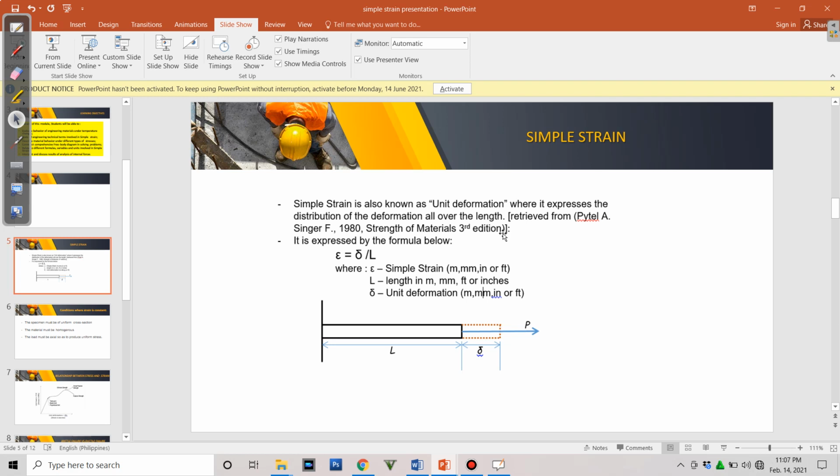That is why in the previous chapter, sigma equals P over A is what we call the unit load, and simple strain is the ratio of the deformation over the original length, what we call the unit deformation. In short, simple stress is always paired with simple strain. In every unit load, there must be a unit deformation.